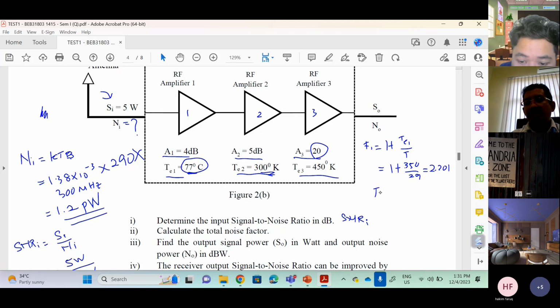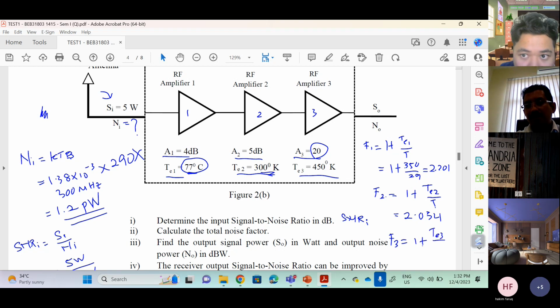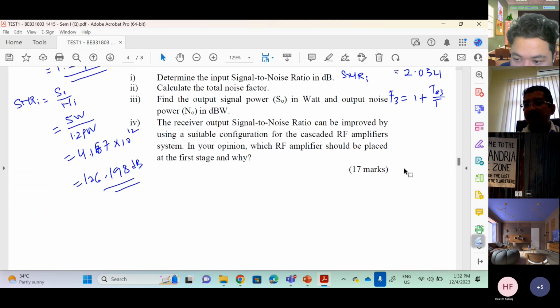Dan nanti you akan dapat F2 sama dengan 1 tambah TE2 per T, so you akan dapat bersamaan dengan 2. Ni boleh kira sendiri, saya bagi jawapan 2.034. So jawapan saya ni mungkin ada lari-lari sikit, tak apa jangan risau. F3 you akan dapat bersamaan dengan 1 tambah TE3 per T. So here you're gonna get 2.552.